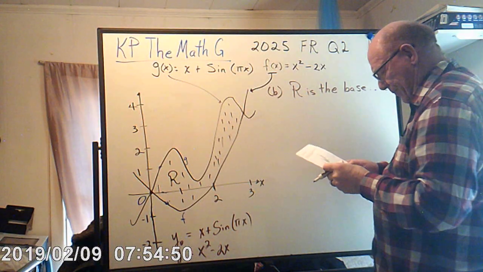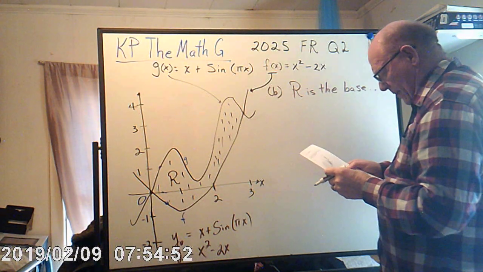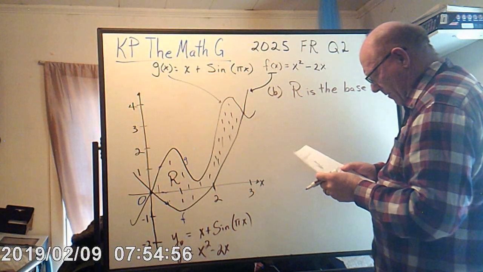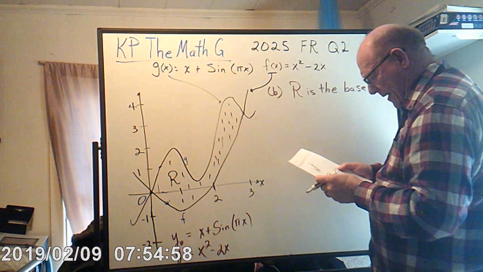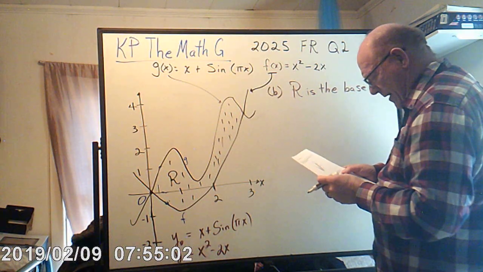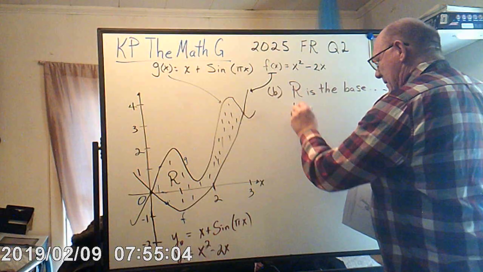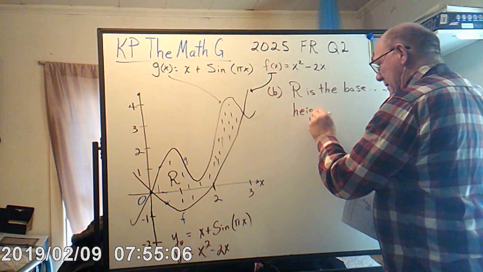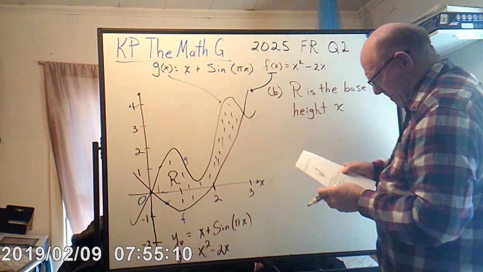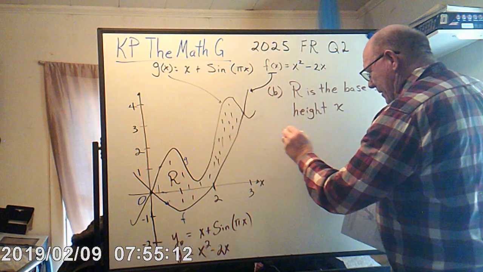For this solid, at each x, the cross section perpendicular to the x-axis is a rectangle with height x, and it is a rectangle.